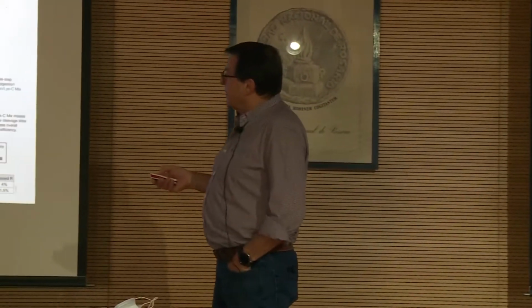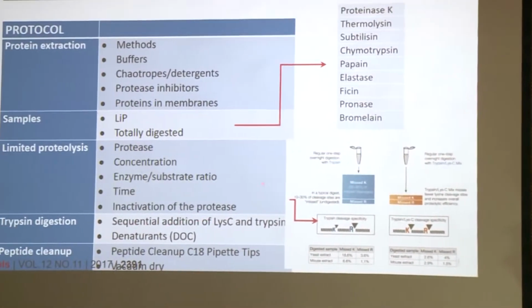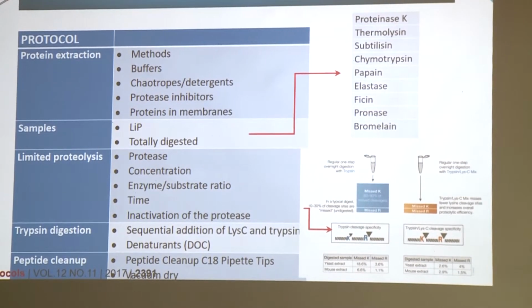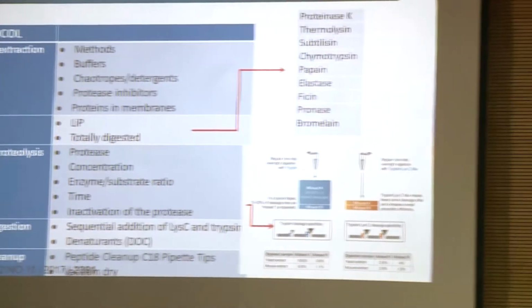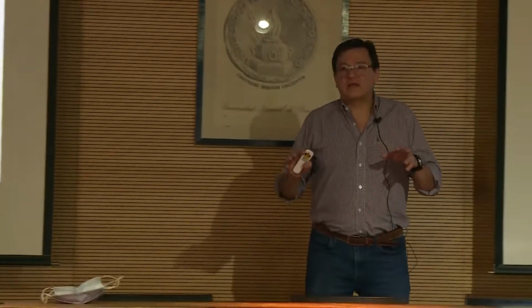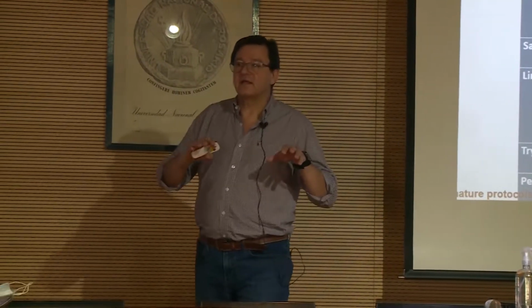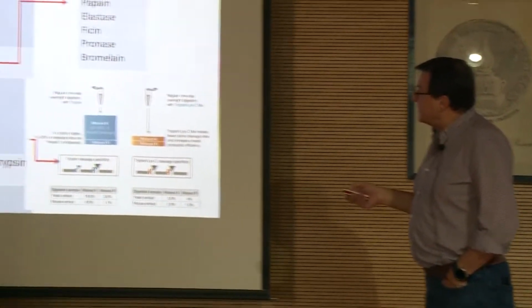So one of the more important steps is the limited proteolysis step, that at first you don't have any idea of what is the setup that you have to use to get the proper information. But you can start doing some kind of experimental approaches in which you have to choose your protease.